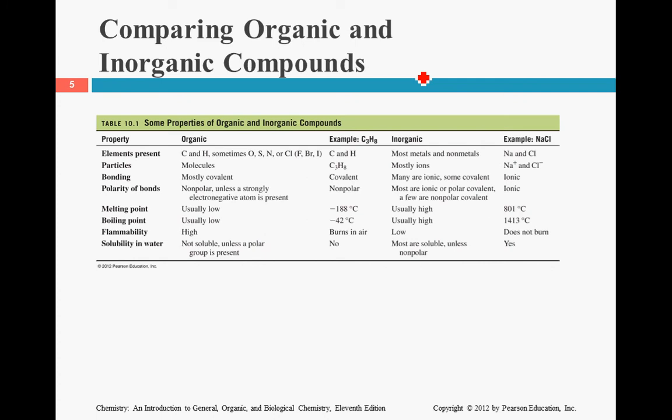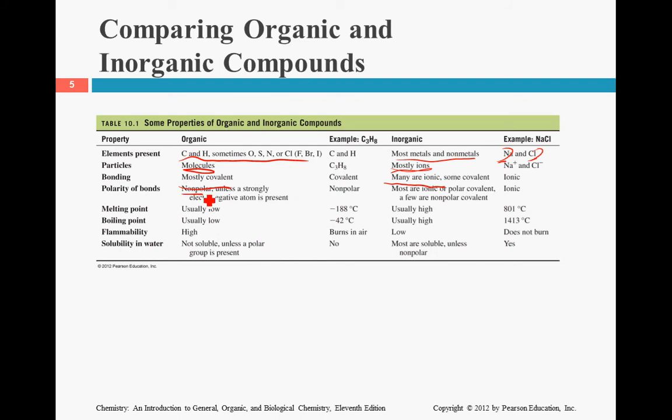So let's take some comparisons right here. Organic contains carbon, hydrogen, and sometimes these other compounds, whereas inorganic is mainly metals and nonmetals. So sodium chloride, sodium's a metal, chlorine's a nonmetal. These are called molecules for organic. These are typically ions, ionic compounds, mostly covalent, whereas these can be covalent or ionic.